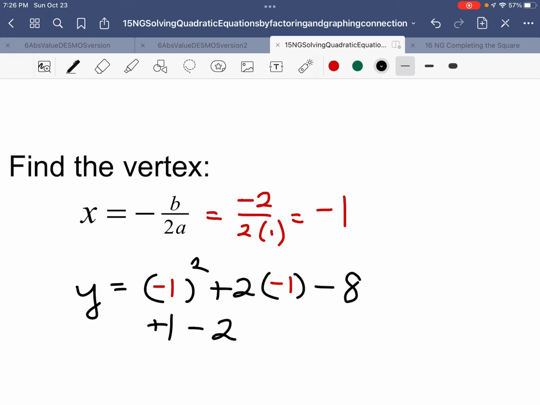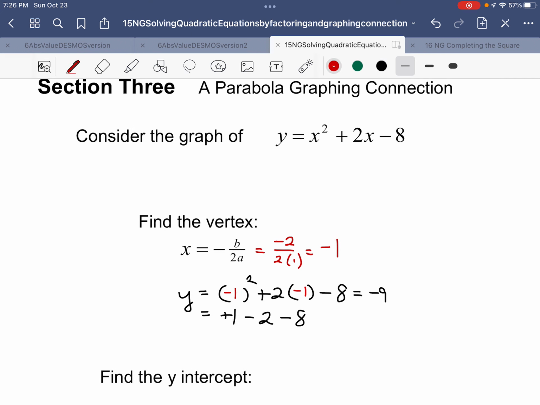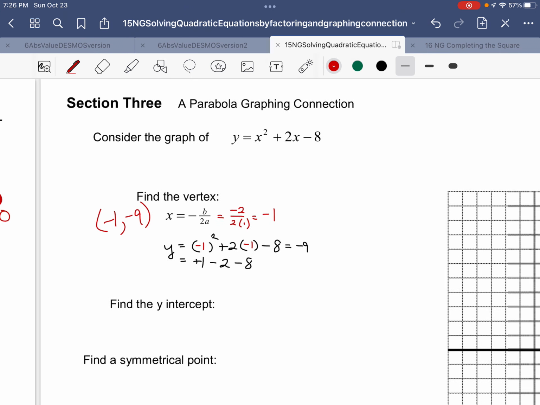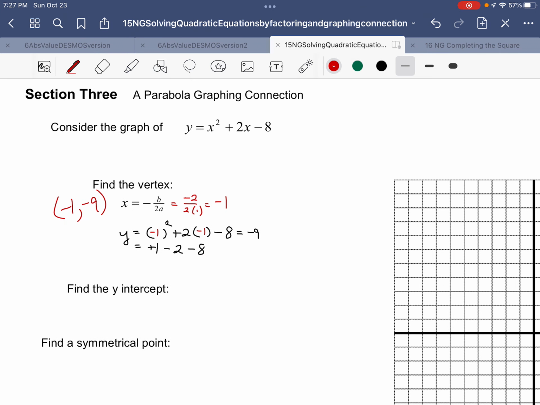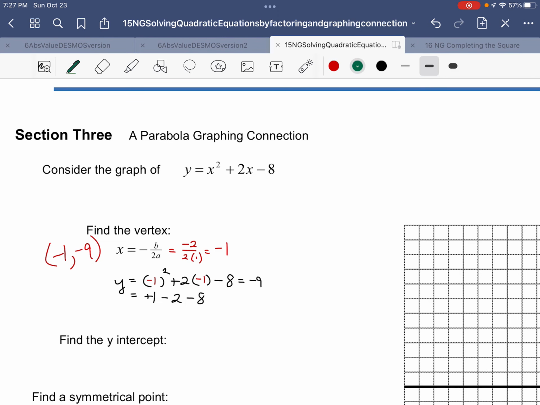So negative 1 squared, yes, that's positive 1. Then we get negative 2 minus 8. And if you do the arithmetic very carefully and correctly, you get negative 9. Okay, now what we just found is the vertex at negative 1, negative 9. Nothing too super duper yet. In other words, we've done that plenty of times.